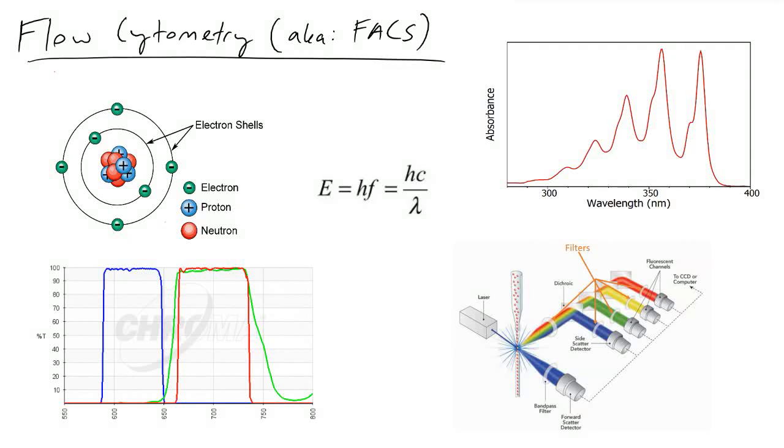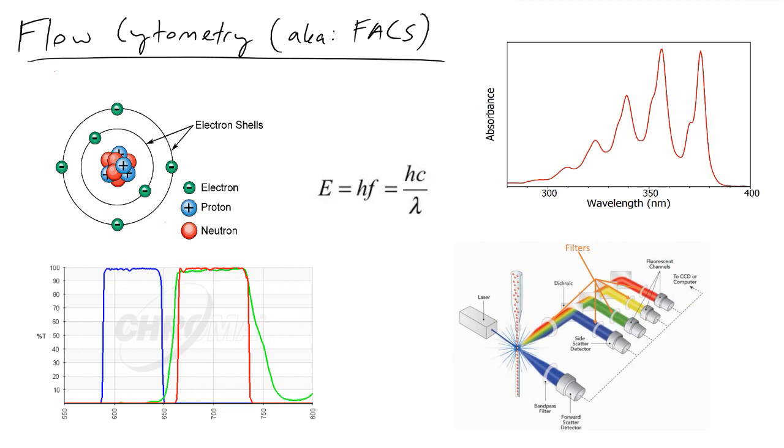If we were to look at a particular atom or atoms inside of a molecule or a fluorophore, what we're going to find is that these atoms have electrons, and these electrons have allowed energy levels. And what happens specifically with special kinds of fluorophores is we're able to excite these electrons to jump into different energy levels.